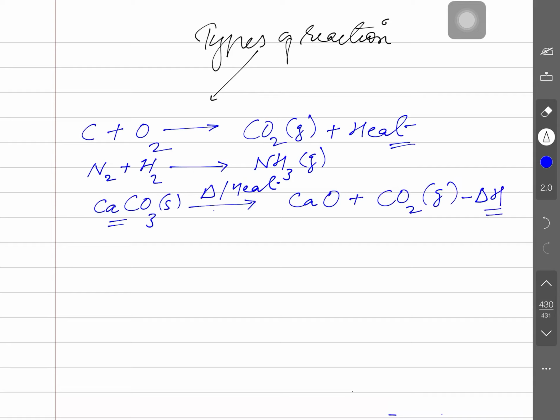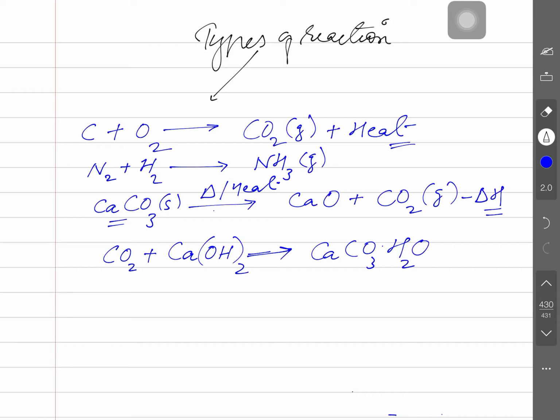Some more reactions we are talking about. Carbon dioxide is combining with calcium hydroxide, and further it will give calcium carbonate, and a suspension in water will be obtained here.